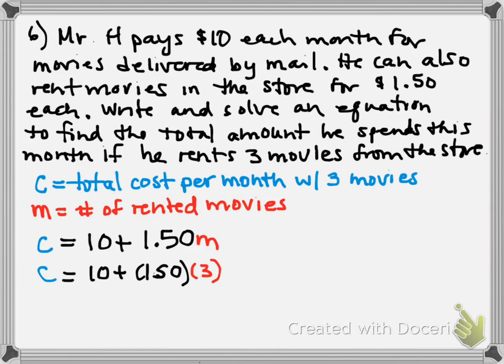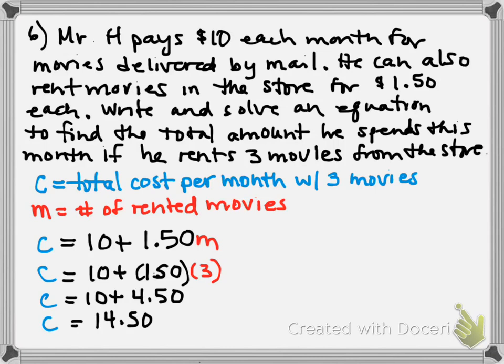And then we just solve it out from here. So we get C equals 10 plus $4.50. And when we add that up, we get C equals $14.50.